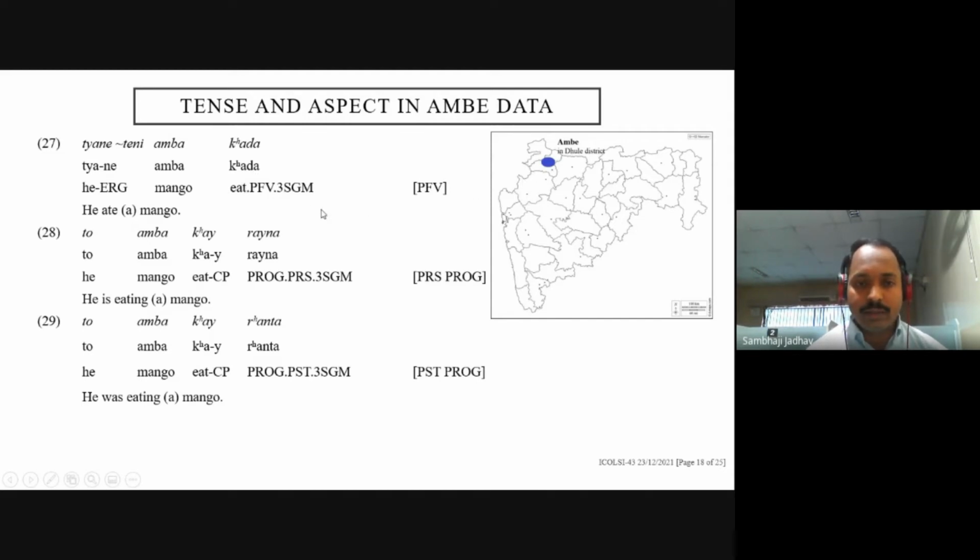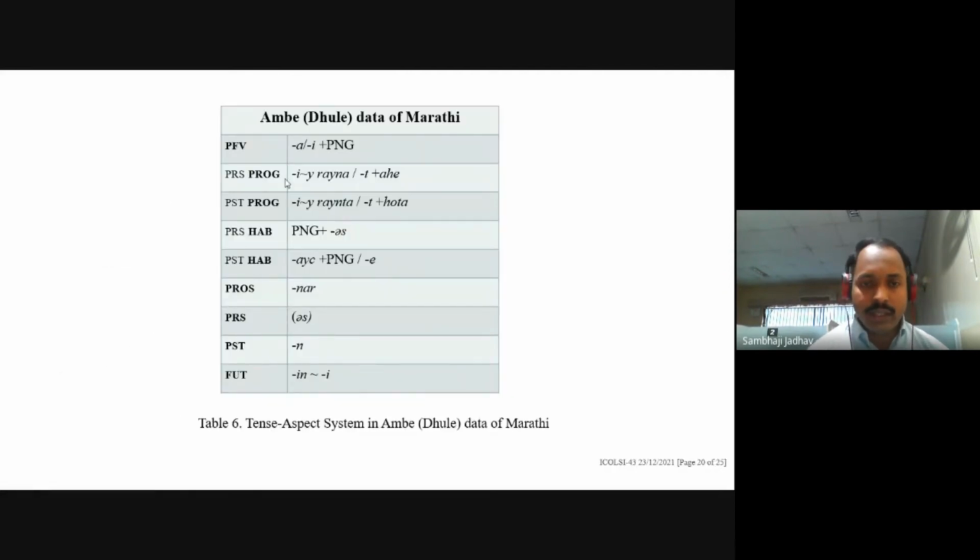And if you look at the system, you will find something like this. For perfective, in the other variety you just saw the la marking; here you get A or E plus PNG marking. Here additionally you get E Raina marking, which you don't find otherwise in the Desh variety or Konkan variety. This is a new construction we find in this particular variety.